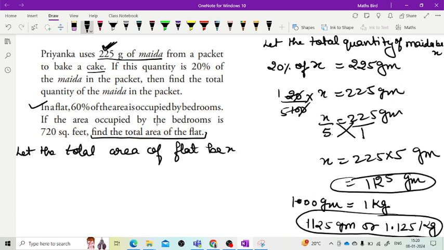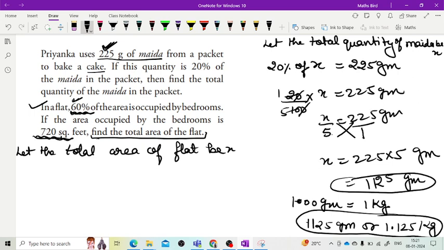If the area occupied by the bedroom is 720 square feet. ठीक है. That means ये जो 60% दिया है ना, the value of 60% is 720.